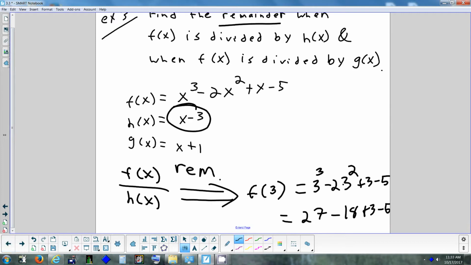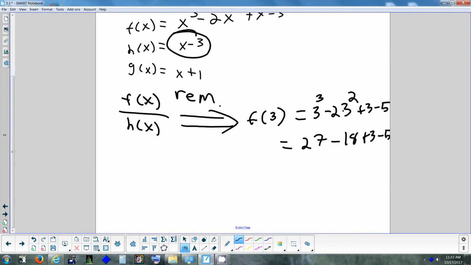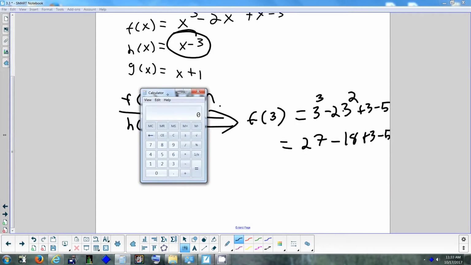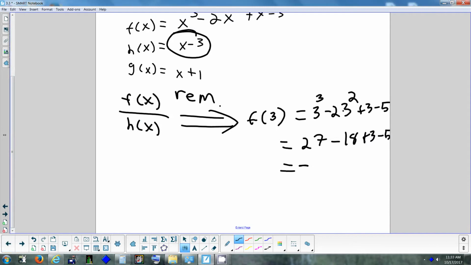Plus 3 minus 5. Does anybody have a calculator and did that out? Just do it real quick. 27 minus 18 plus 3 minus 5. So we get a remainder of 7.